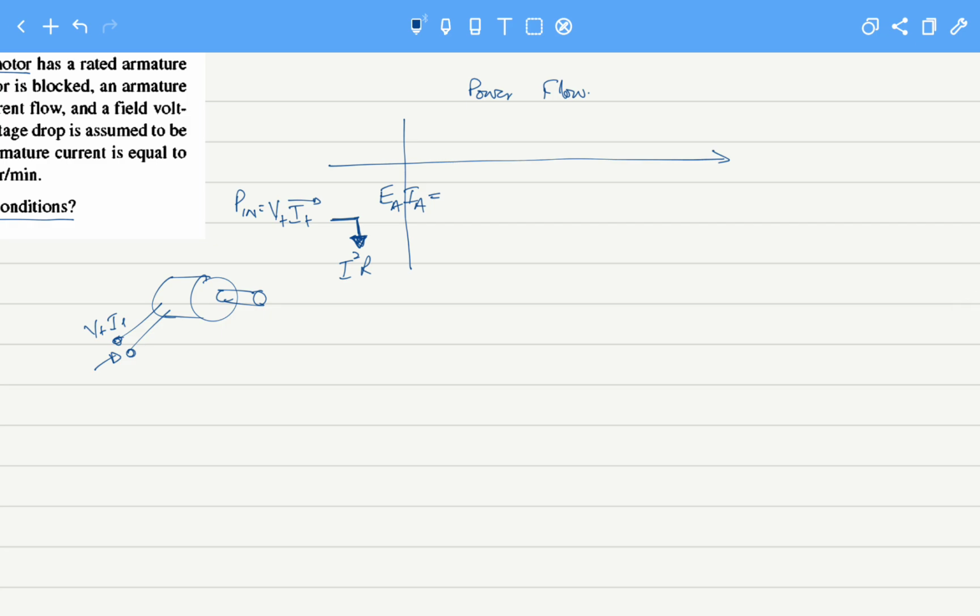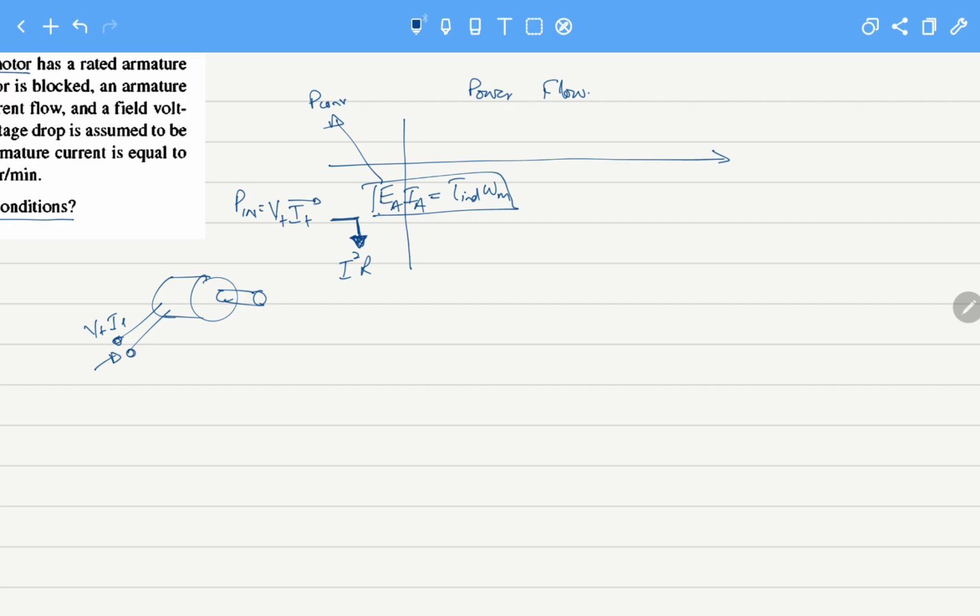This converted power can be represented as torque induced times mechanical speed. This is known as P converted, the power converted from electrical to mechanical.